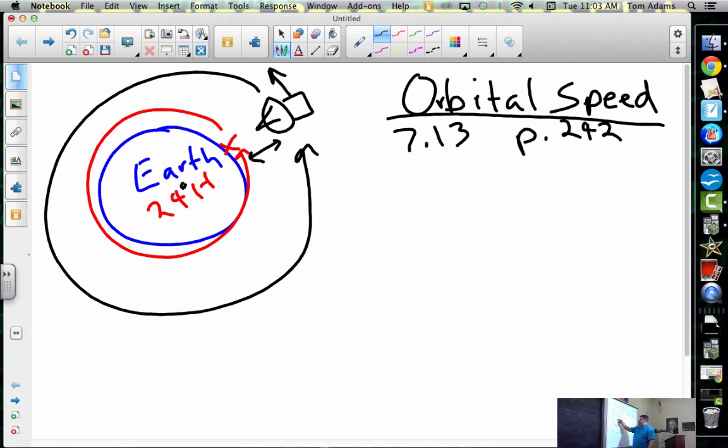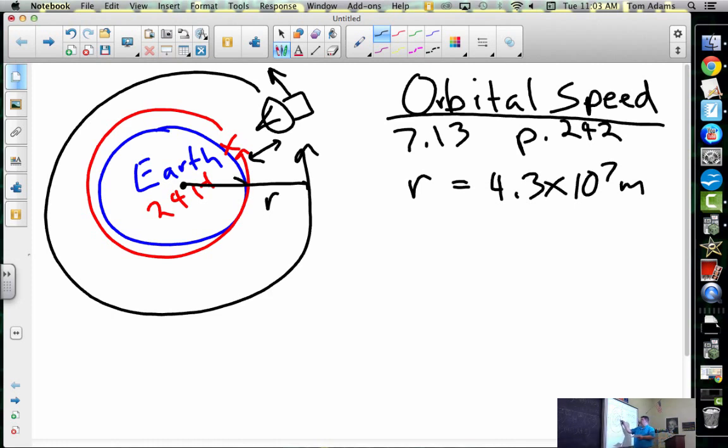In 7.13, they actually figured out what r was. They figured out that r was equal to 4.3 times 10 to the 7 meters. I should point out that r is really the radius of Earth plus the altitude height.